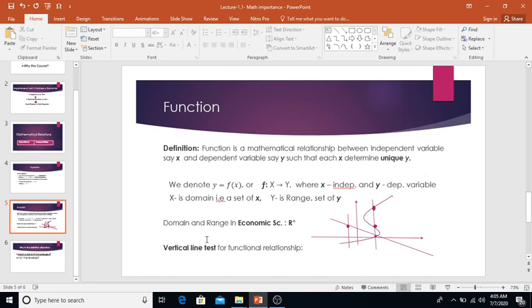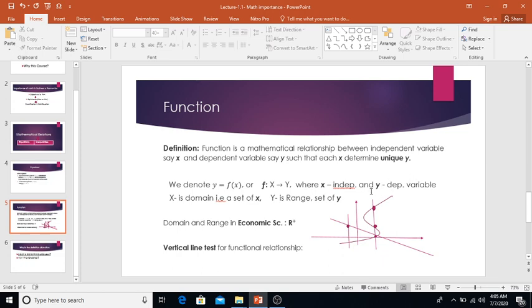Function is in fact our objective. By definition, function is a mathematical relationship between two variables, independent variable x and dependent variable y, such that each x determines unique y.